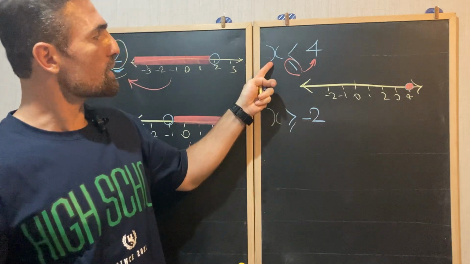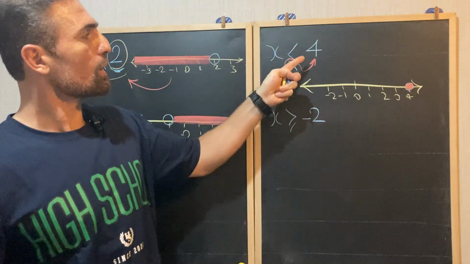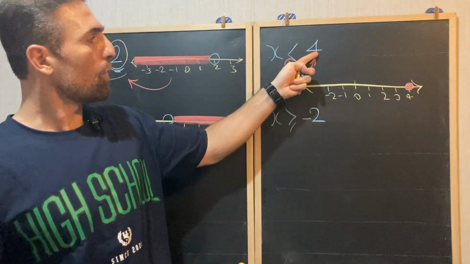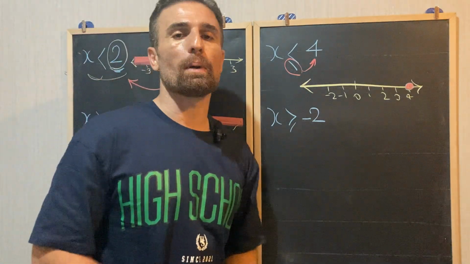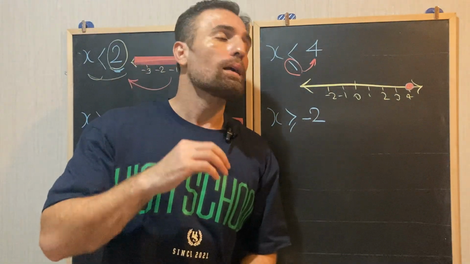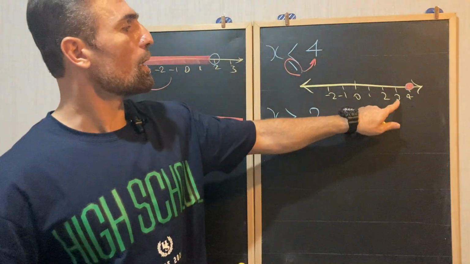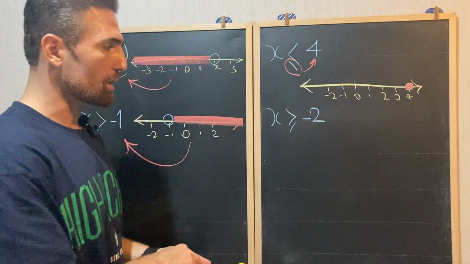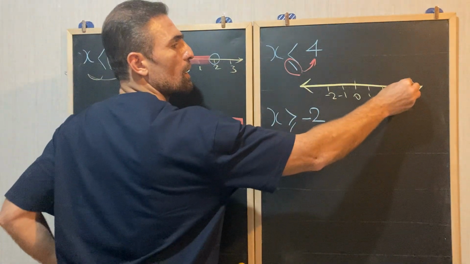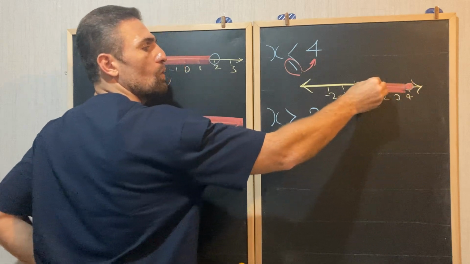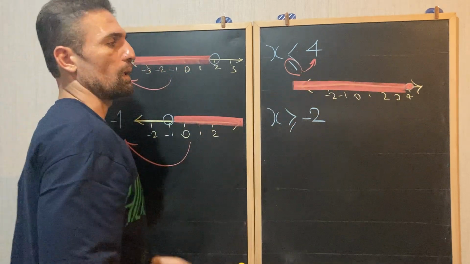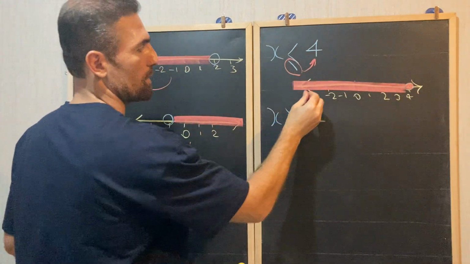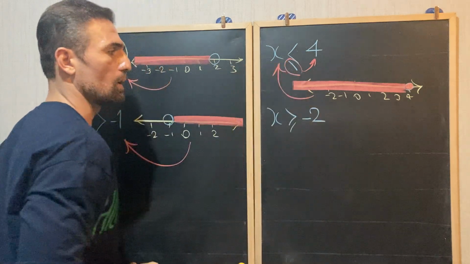Look here, it says x is less than or equal to 4, which means any number less than 4, like 3, like 2, like -2. That is why I shade the line towards negative infinity, and this is the answer of this inequality.